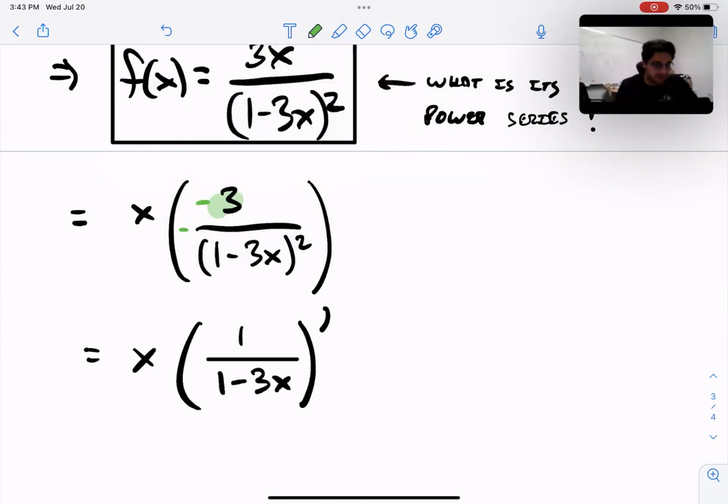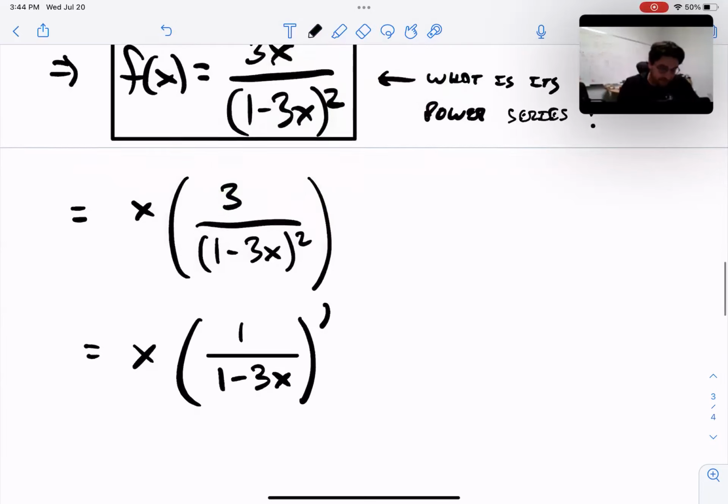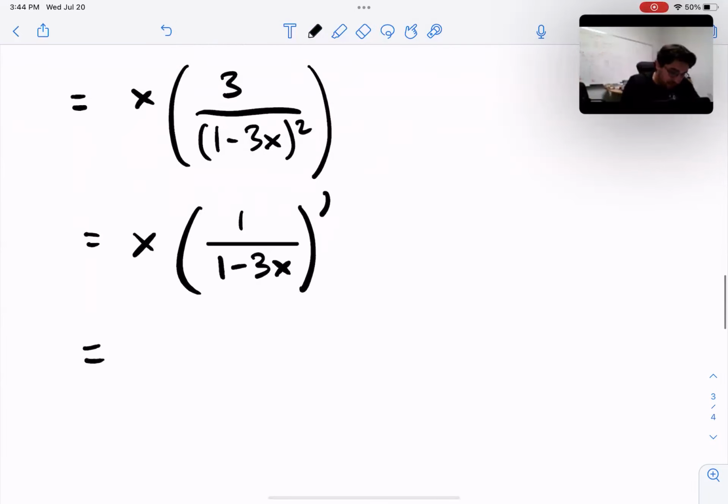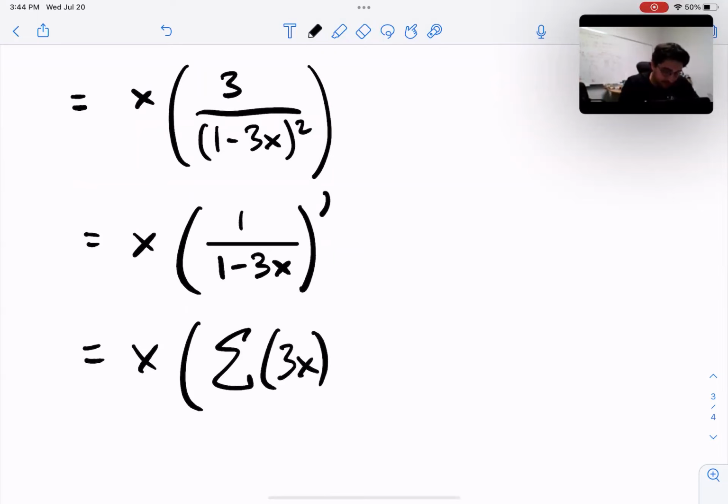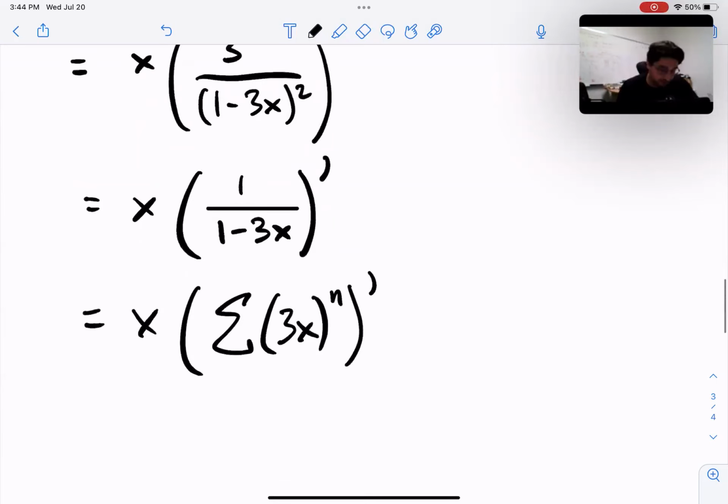So those go away, and sure enough, the claim is correct, right? So this is the derivative of a geometric series. Well, now I can use the geometric series formula. I could say this is the sum of all powers of 3x, the standard 1 over 1 minus x geometric series with 3x substituted into it, right?